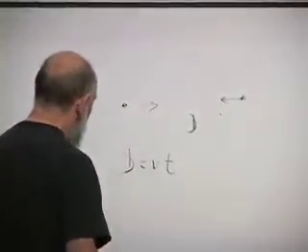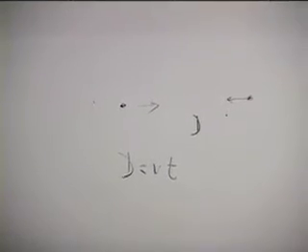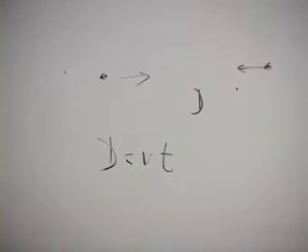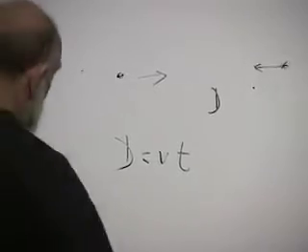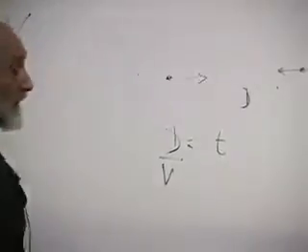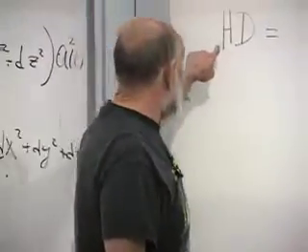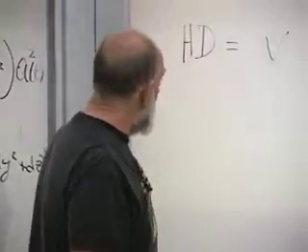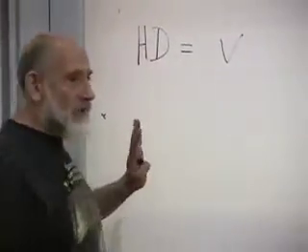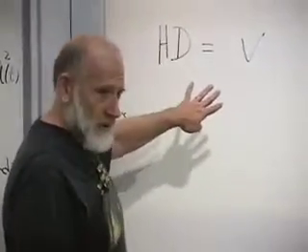So how long would it take for those two galaxies to collide with each other if you ran it backward? Well, the answer is the distance between them divided by their velocity, if the velocity were uniform. I shouldn't have said if the Hubble constant were constant. That was wrong.